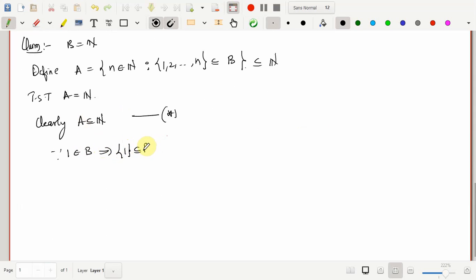So that's the first hypothesis of the induction principle. I'll call this 1.